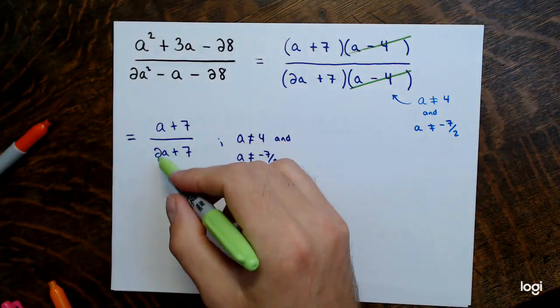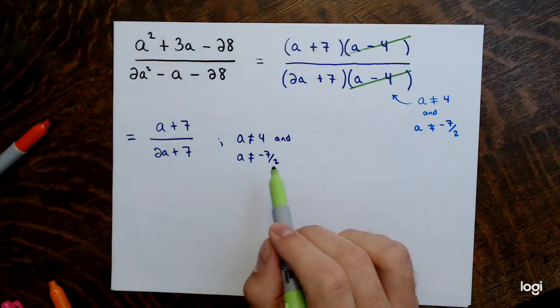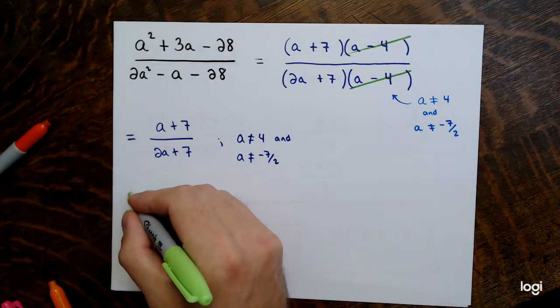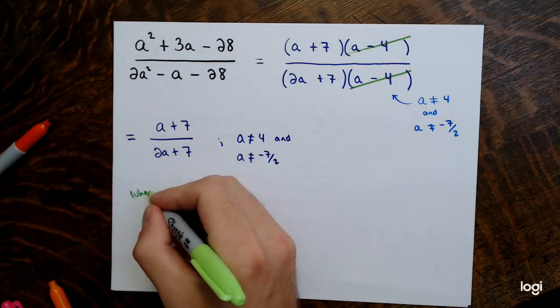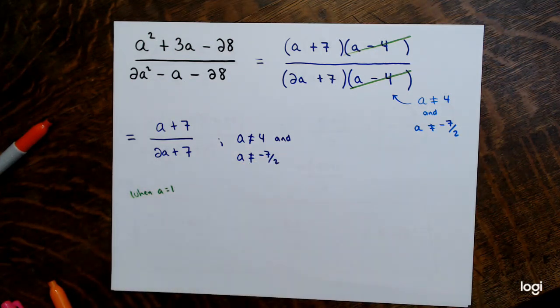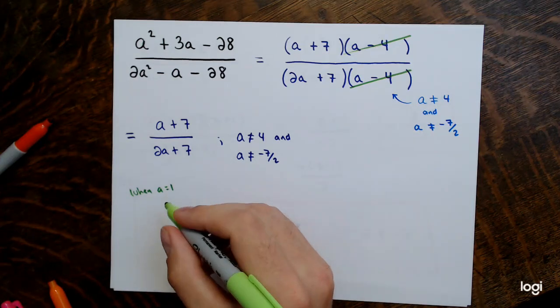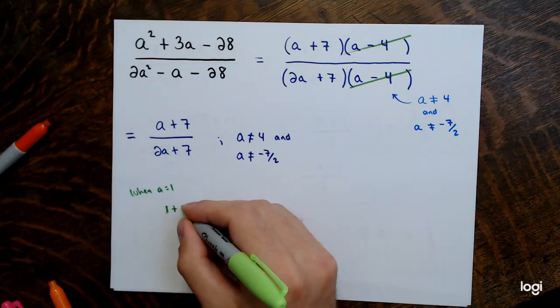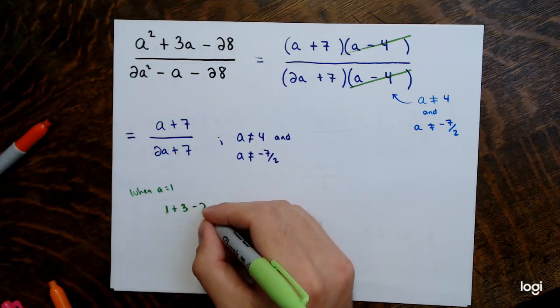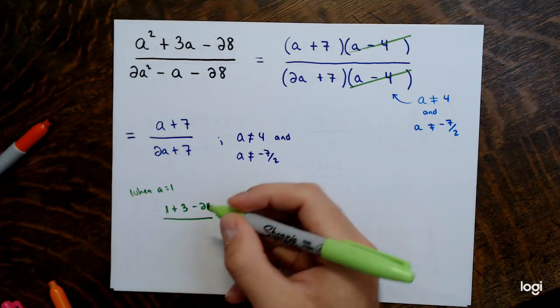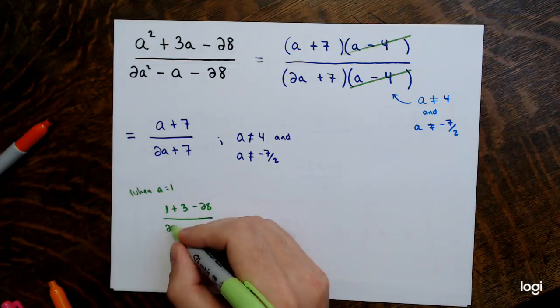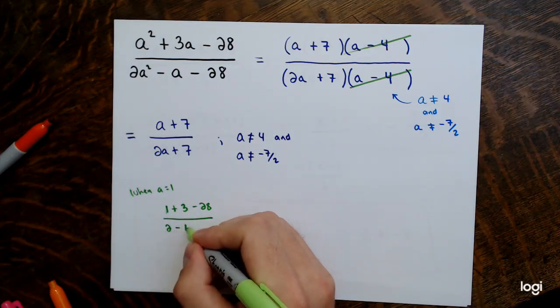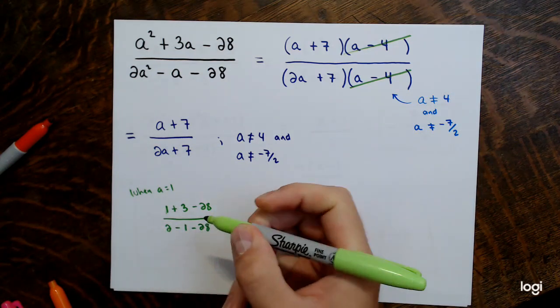But they should be the same as long as a is not one of these. So how about another one real quick? When a is 1, the numerator on the left side, you'd have 1 squared, 1, plus 3 times 1 is 3, minus 28, divided by 2 times 1 squared is 2, and then minus 1, and then minus 28.